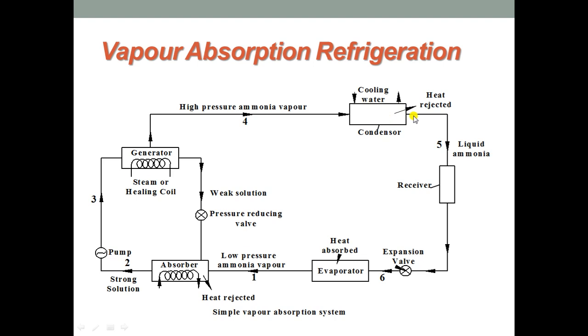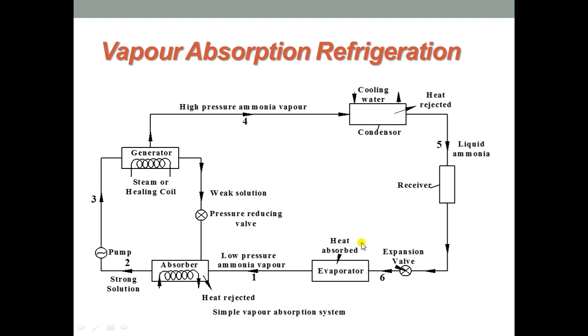The high pressure and low temperature ammonia liquid refrigerant now enters the expansion valve, where it is expanded to a low pressure, low temperature. The low pressure and low temperature liquid refrigerant now enters the evaporator, where it absorbs heat from the cabinet and evaporates, thereby producing cooling effect.